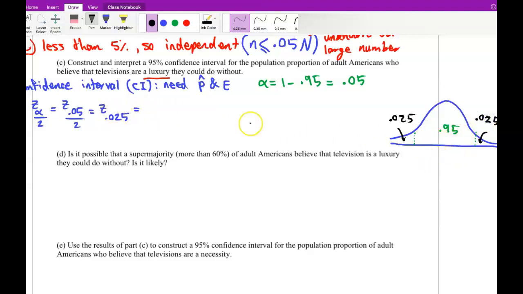So to find the z, the z means I have the area to the right. To find area to the right, instead of right, we should consider the area to the left. So using table, here I have 0.95 plus 0.025. Now what that means, I have 0.975 for the area.